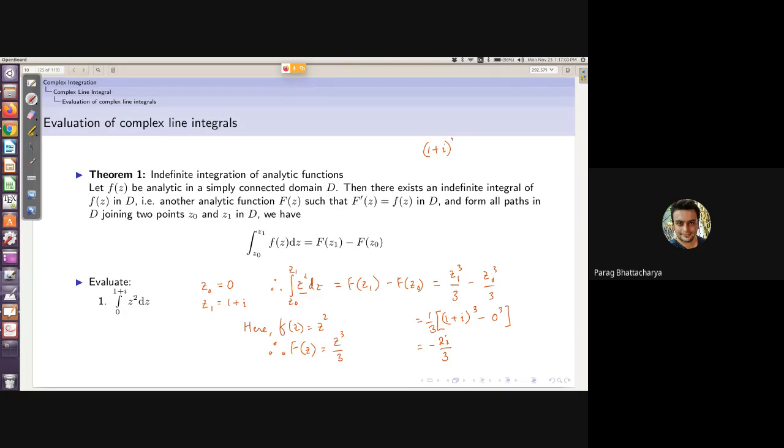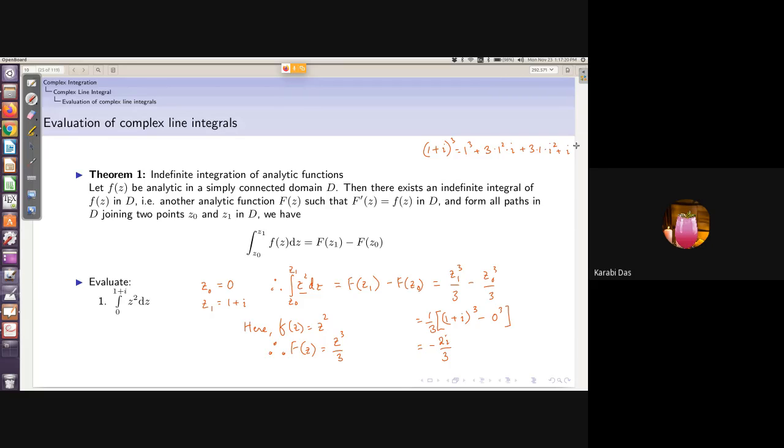(1 plus i) whole cube. So 1 cube plus 3 into 1 square into i plus 3 into 1 into i square.